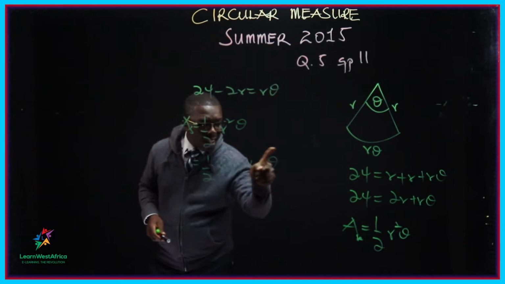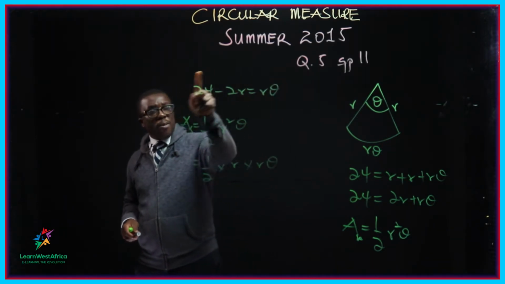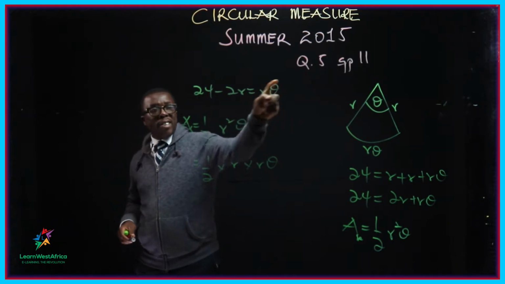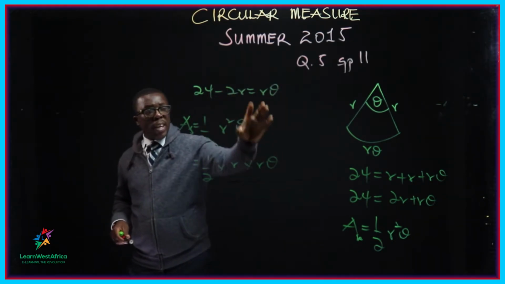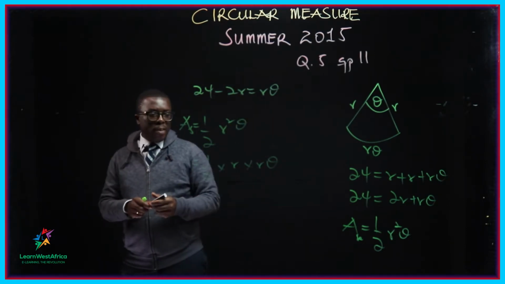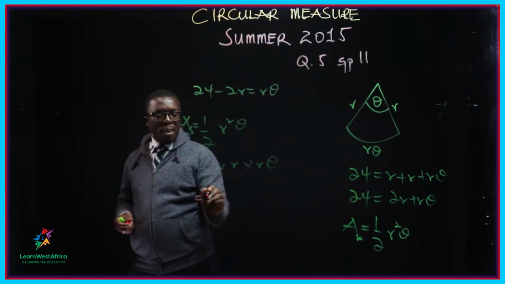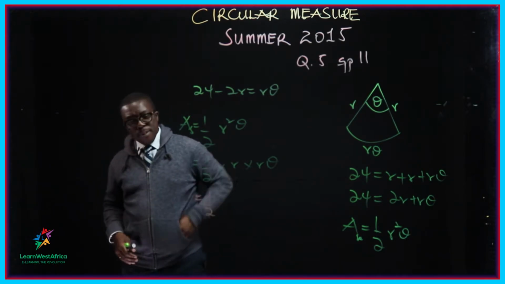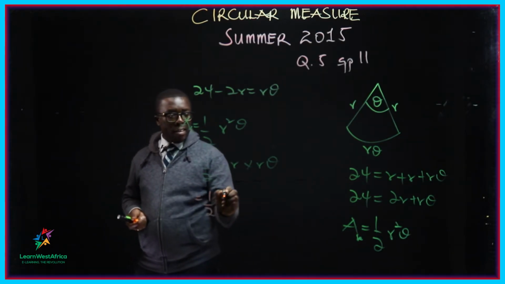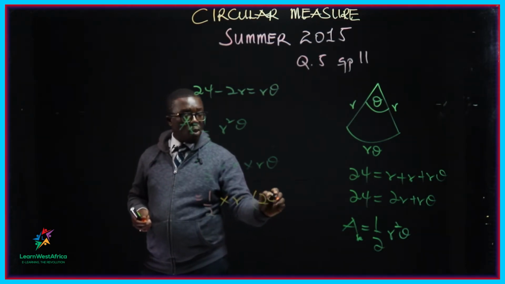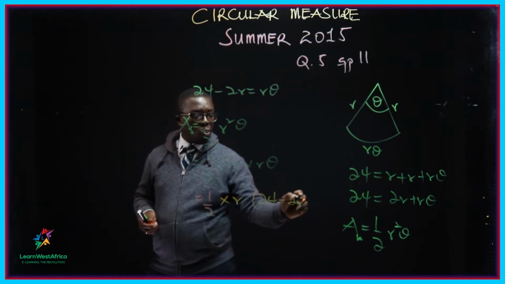Now watch. r theta has already been found from the relation to be 24 minus 2r. So we can just replace the r theta and put 24 minus 2r in instead. So we are going to have half times r times 24 minus 2r.